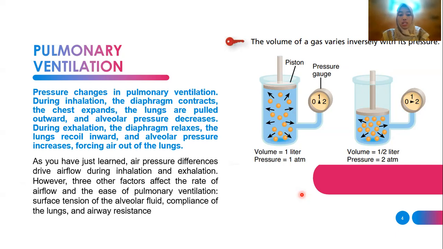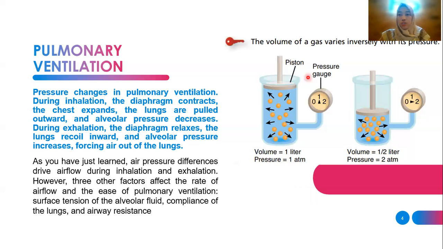Inhalation occurs when alveolar pressure falls below atmospheric pressure. Contraction of the diaphragm and external intercostals increases the size of the thorax, thereby decreasing the intrapleural pressure so that the lungs expand.